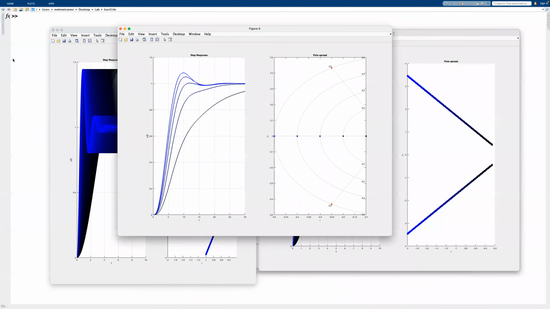Now, what do we see here? First of all, this red pole pair is calculated with a certain zeta value 0.5, and we are on the orbit 0.5. So this is our original second order system. What we do is we add the pole in the vicinity, and when we add it at 0.1, for example, it behaves like a first order system even.